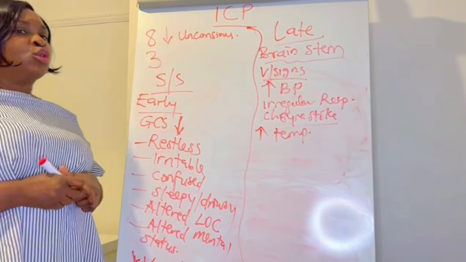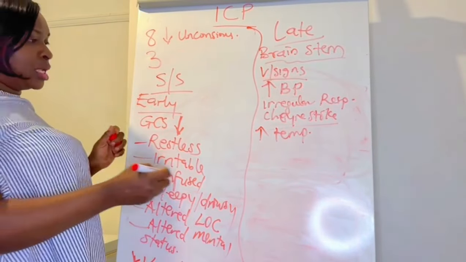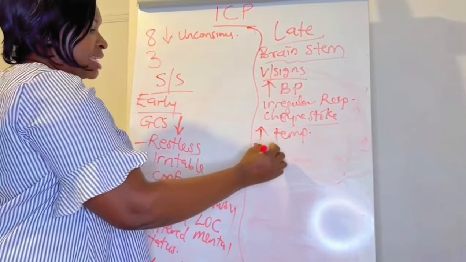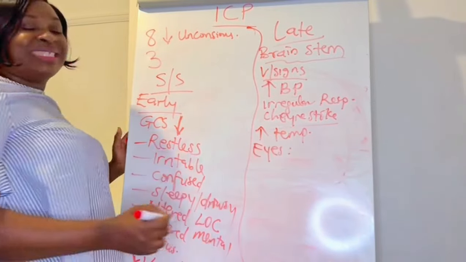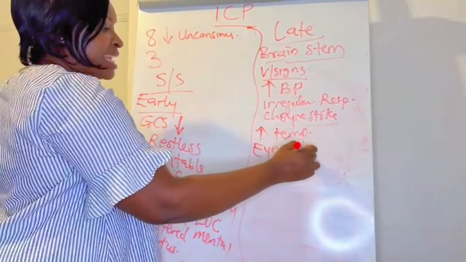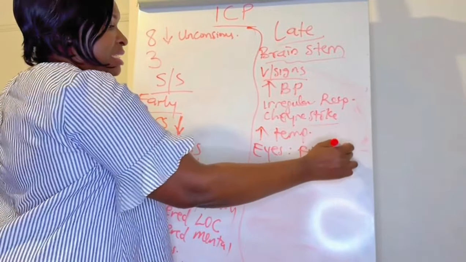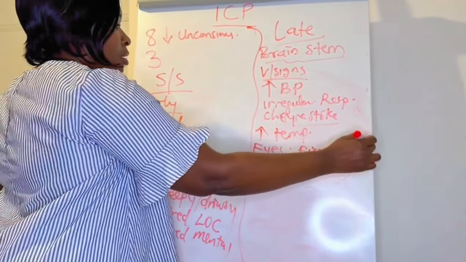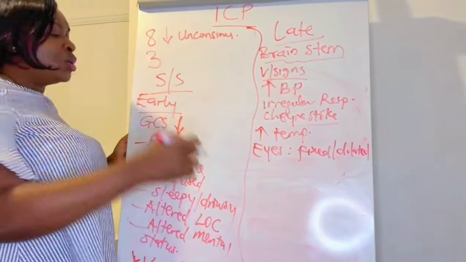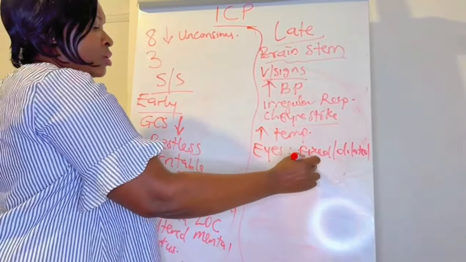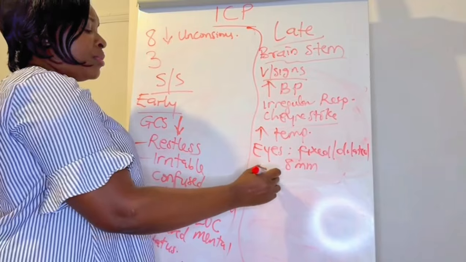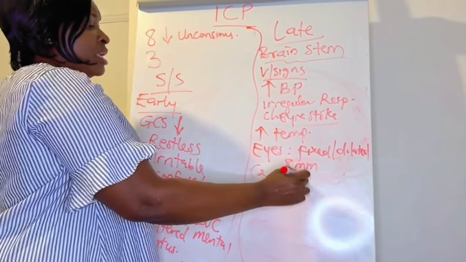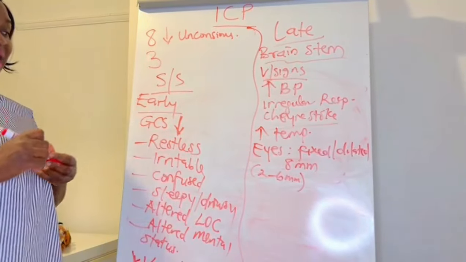And when you go to other parts of the body, let's look at what happens. If you go to the eyes, that's the vision of this patient, you're going to see that the pupils will be what? Fixed and dilated. If the brainstem is involved, they'll be fixed and dilated up to 8 millimeters. Remember, we want to keep the pupil at 2 to 6 millimeters, but here you're going to see the pupils fixed and very dilated.